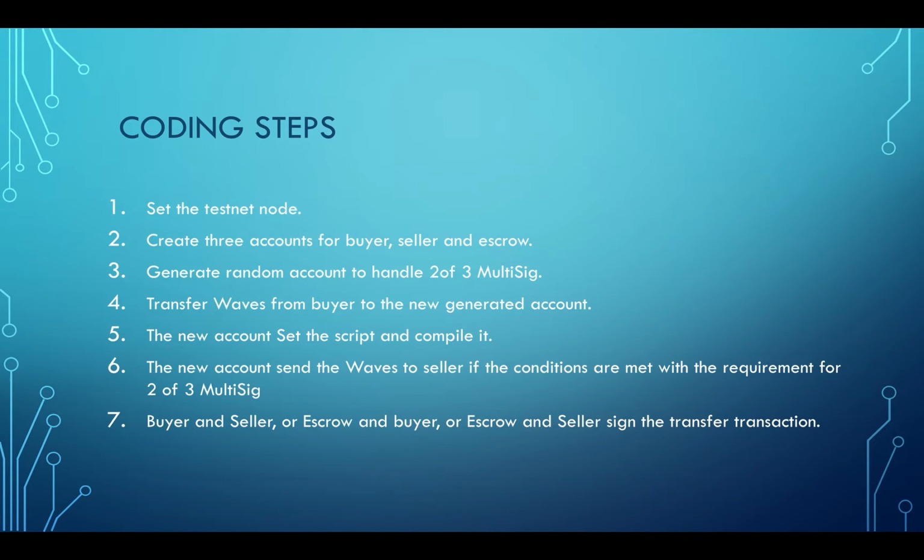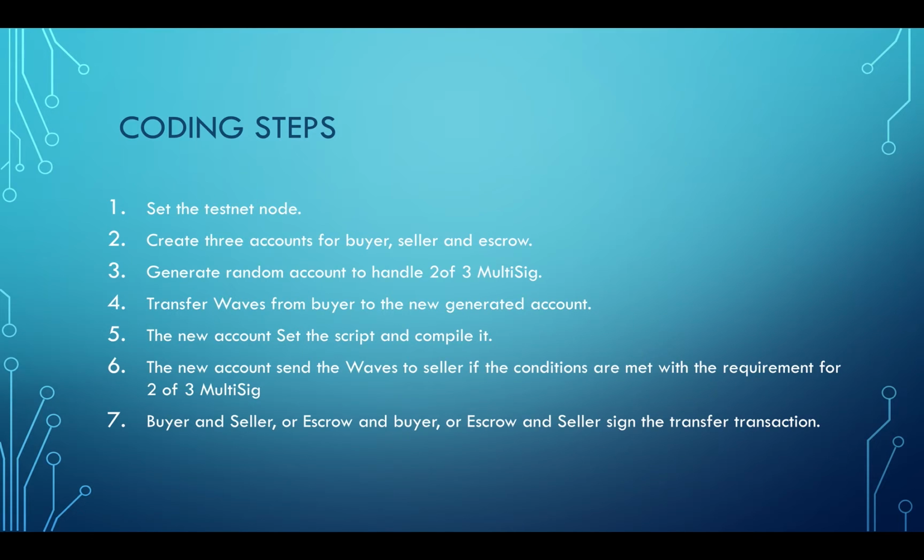So our steps to write this code: we need first to set the testnet node on Waves. We need to create 3 accounts, for buyer, seller, and escrow. We need to generate a random account to handle the 2 of 3 multi-signature. Then we need to transfer some waves from buyer to the newly generated account.